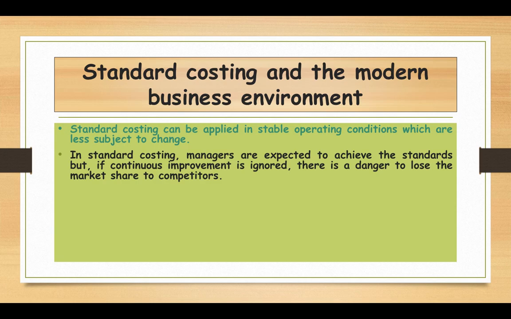In standard costing, managers are expected to achieve the standards, but in a competitive environment, in order to remain competitive, continuous improvement is important. If continuous improvement is ignored, then there is a danger of losing the market share to competitors.